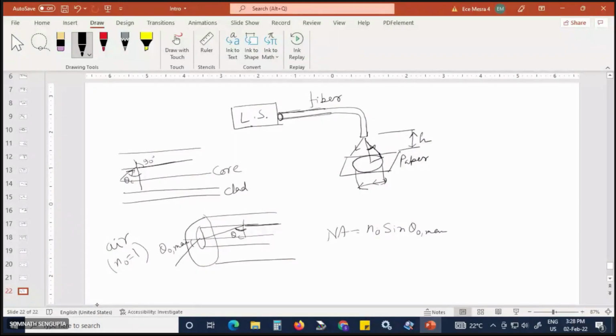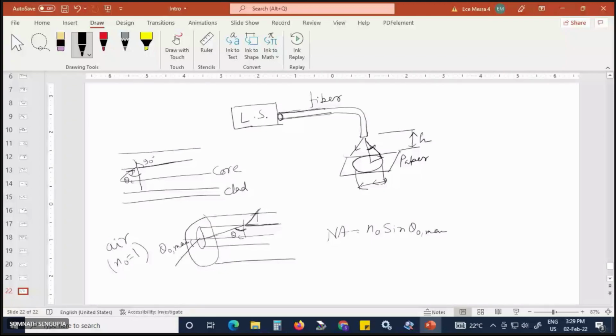So if light enters at an angle greater than this theta 0 max, it will not be bound; it will go out from the fiber. That's why it is called the maximum acceptance angle. More than that, light cannot enter, and it will go out from the fiber core.